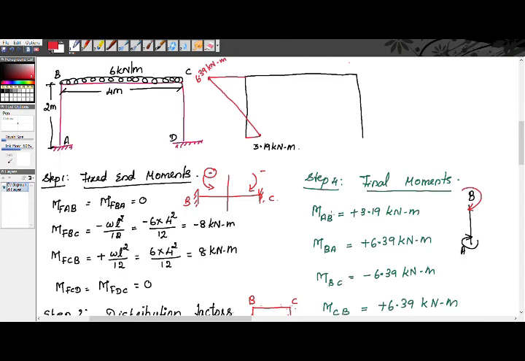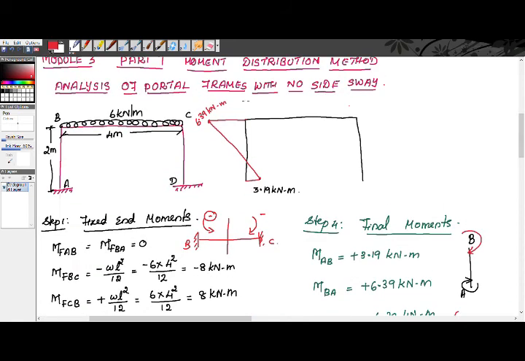Now we will take BC. So BC is like this. MBC is anti-clockwise, negative, so we will draw an anti-clockwise moment. It is pointing towards the up, minus 6.39. So here the value is the same, minus 6.39 kilonewton meter.